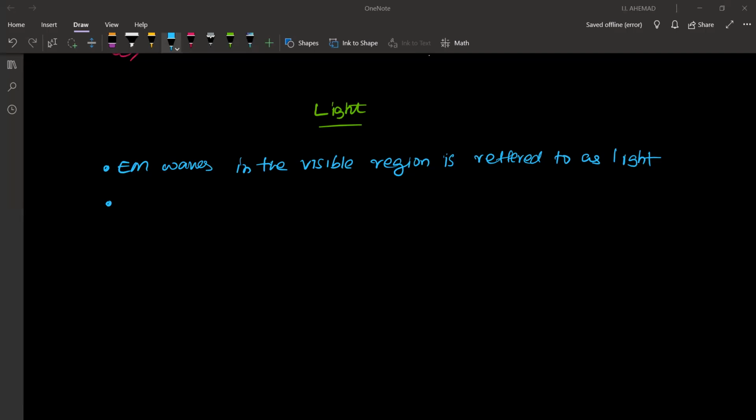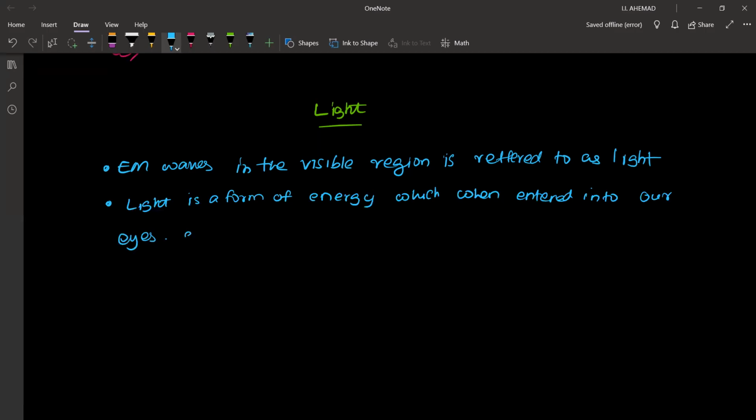Okay, the answer is we cannot see light. So let's write down, light is a form of energy which, when entered into our eyes, gives us the sensation of sight.